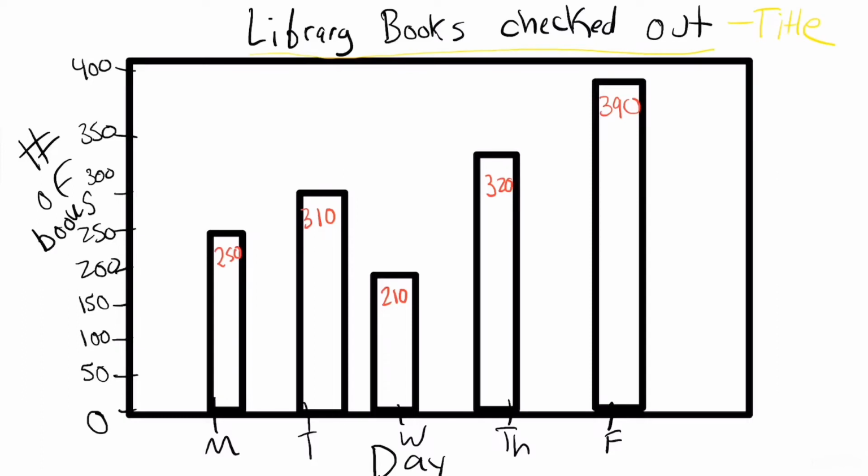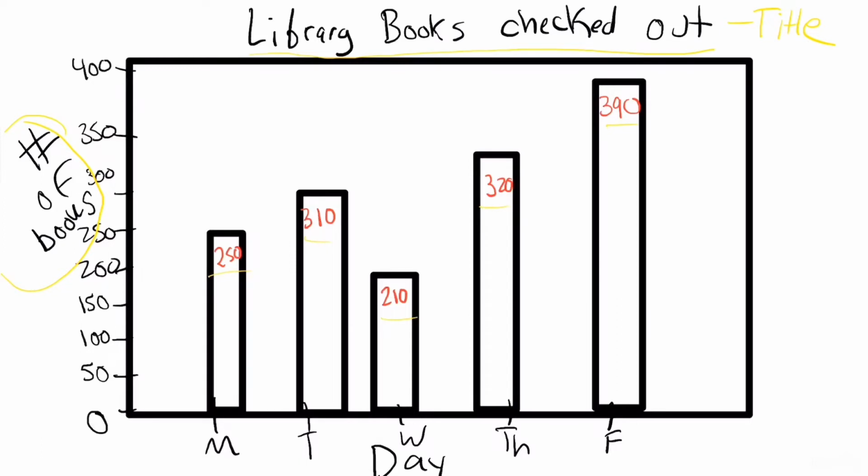And here we have the number of books, and I counted up by 50s all the way up to 400. Then here we have the days. We have Monday, Tuesday, Wednesday, Thursday, Friday, and I just wrote the days here on the bar graph just to help you see that.